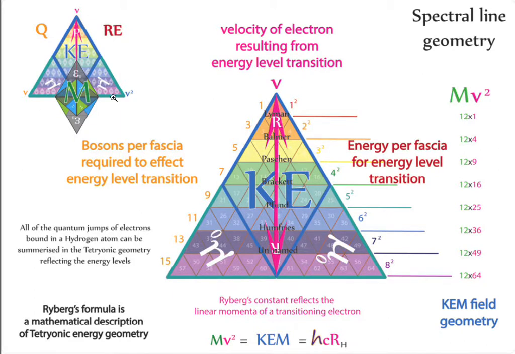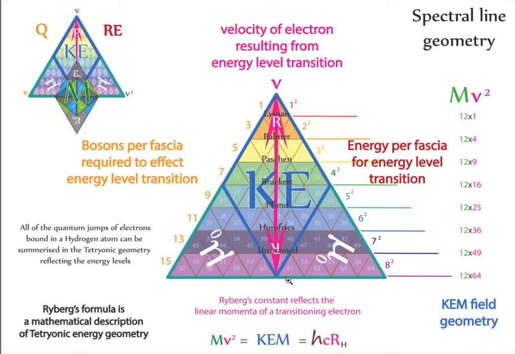The velocity of the electron in this case results directly from the number of quanta in the chem field at any measured point. Obviously, the process of measuring a field like this would result in energy either being added or subtracted from the field, which explains why Tetryonics is able to get an exact value for Rydberg's constant that's slightly different to the measured value of Rydberg at present.